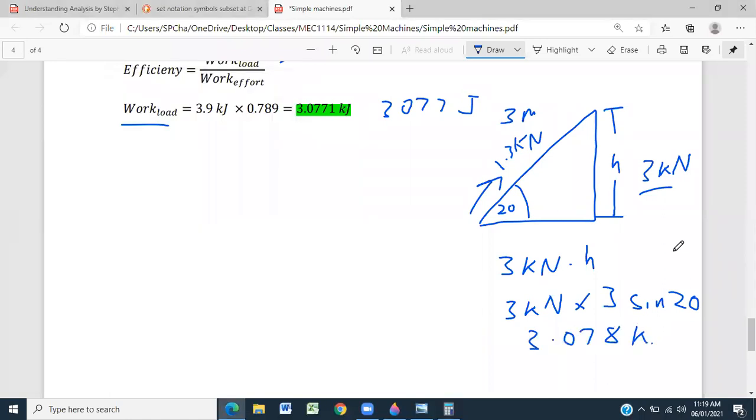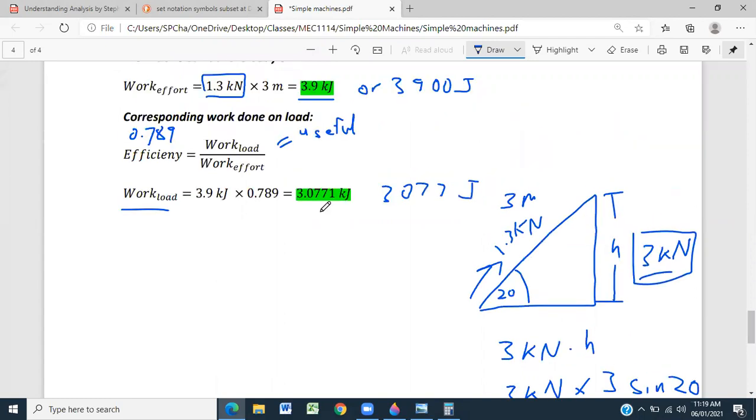So this here is an alternative way to work this question. Not to confuse you, this is just an alternative method. You can always go about working it this way if you like.